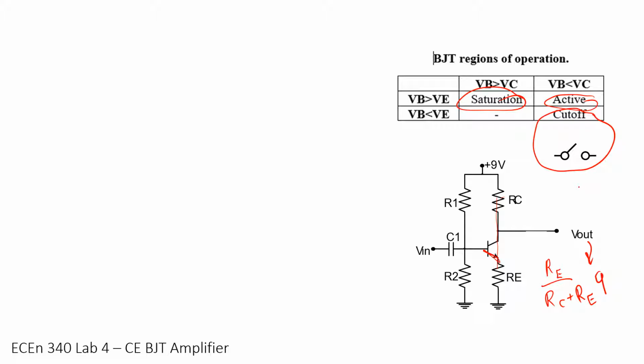So what we want to do is identify our rails. We want to identify the highest value that V out can come to and the lowest value V out can come to. We already said that if there's no current flowing, then V out can be at 9 volts, and that happens during cutoff.